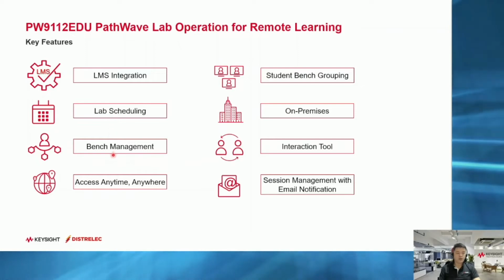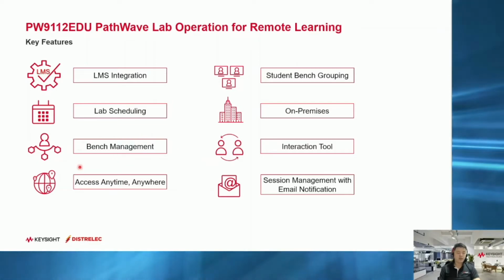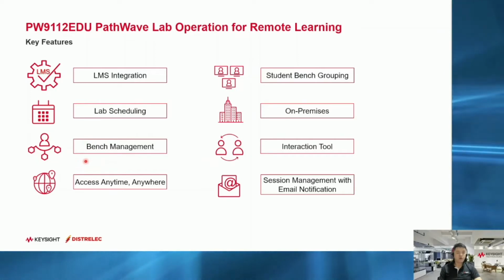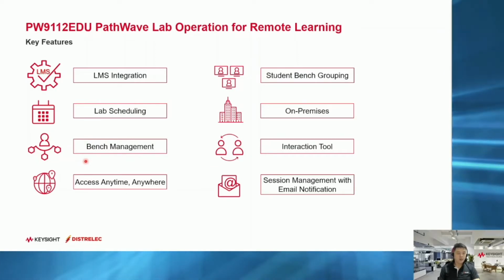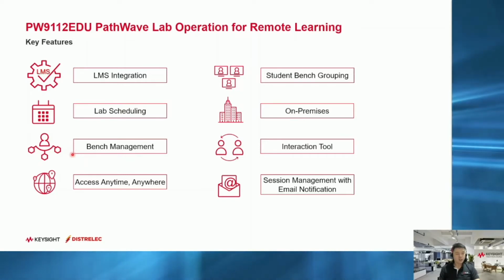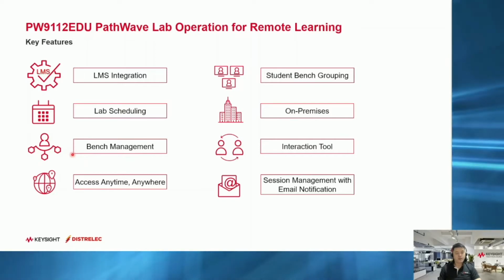The third point is bench management. This feature is run by the lab management and control connections, and it allows us to do a mass firmware update. We can also do grouping on the benches. For example, for bench 1, you can assign the power supply, the DMM, and the oscilloscope as a set of instruments to run the test, and name it basic electronic test.